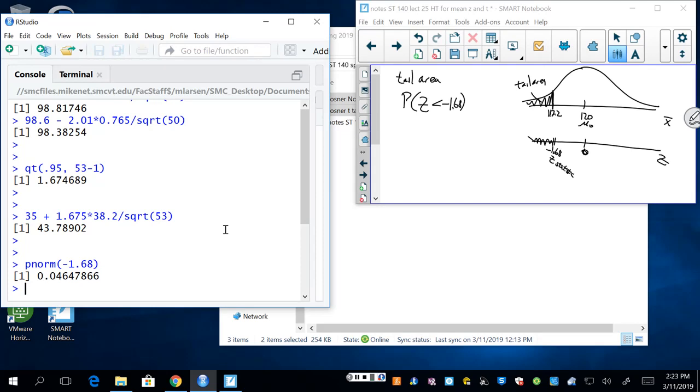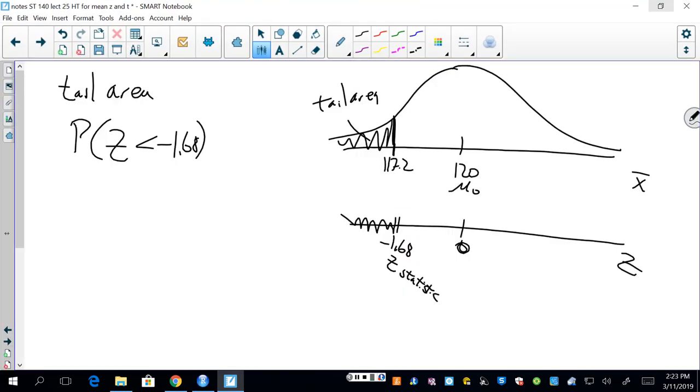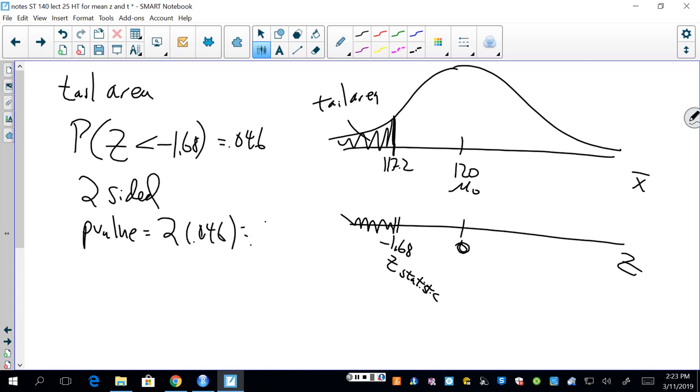The chance you're less than that is 0.046. But in a two-sided situation, where we're just asking whether it's 120, and we'd be surprised if it was really small or really big, technically our p-value is 2 times that area. So 0.092.